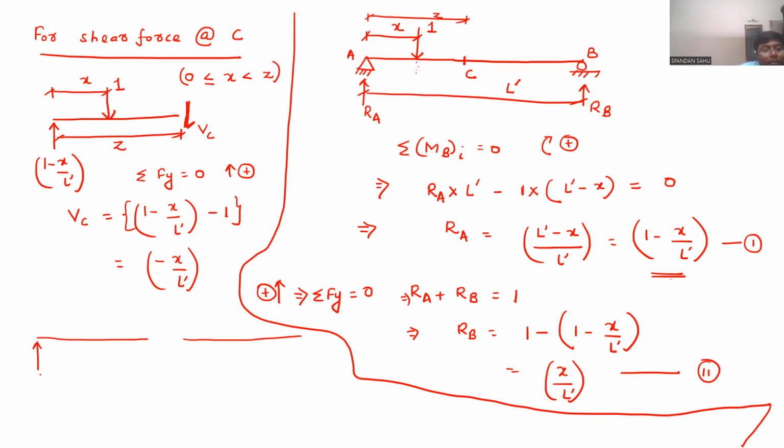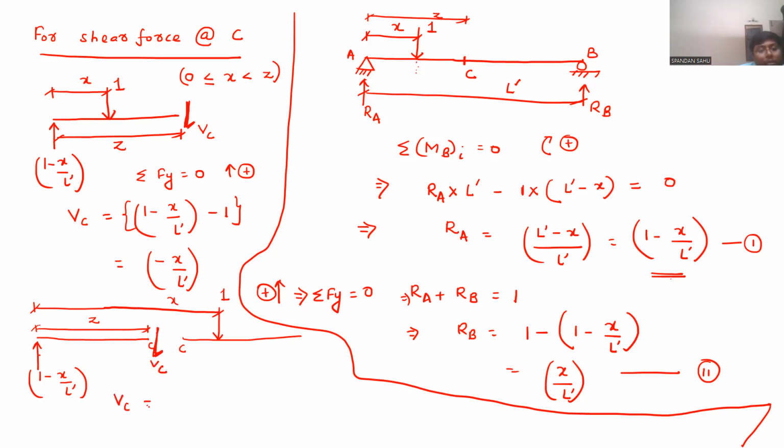This is 1 minus x by L prime, and your 1 unit load, if this is point C and this is also point C, is at a distance x, and this length is Z. Now again write VC.